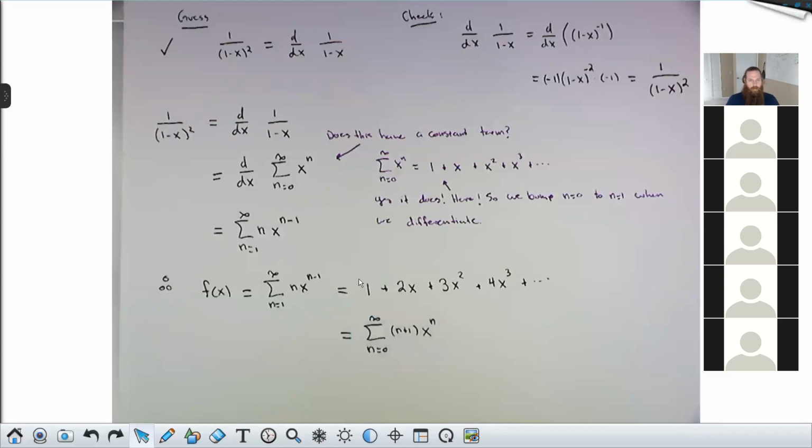And I get there just by writing this thing out and asking how can I write that as sigma n from 0 to infinity. There is also an algebraic way to do this. You notice that this n became an n plus 1, that this n minus 1 became an n. So the n's in the series bumped up by 1, and that lets me bump the index back down if you want to.